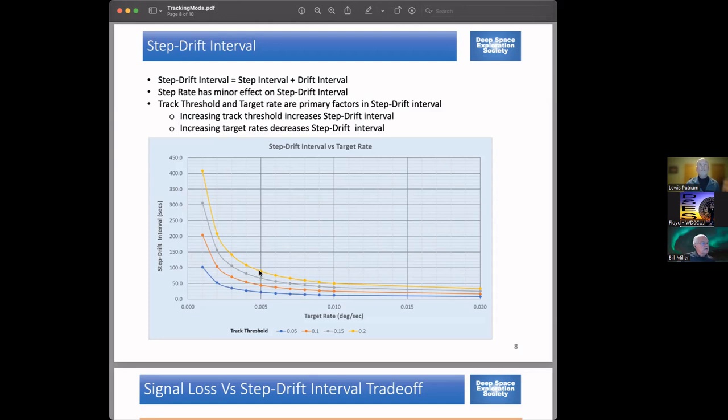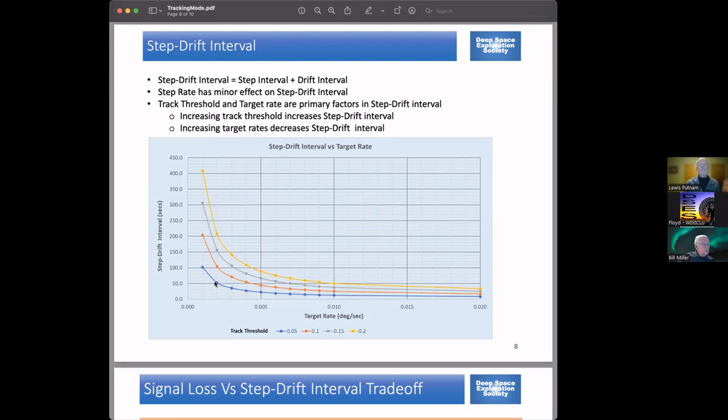What you see is that at the faster rates, the thresholds don't make as much difference as they do at really slow rates. And in terms of elevation, we're probably going to be sitting, most of the time, with rates around 0.002 to roughly 0.005. And so that vertical line is the kind of update intervals that you would encounter there. So it'd be anywhere from 50 to 200 seconds depending on your threshold.